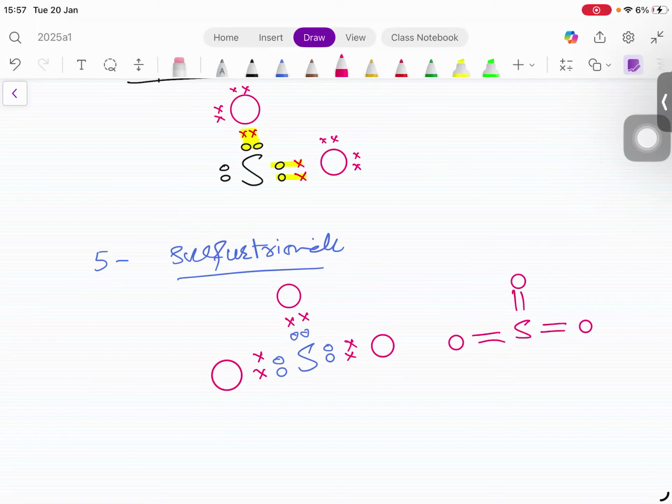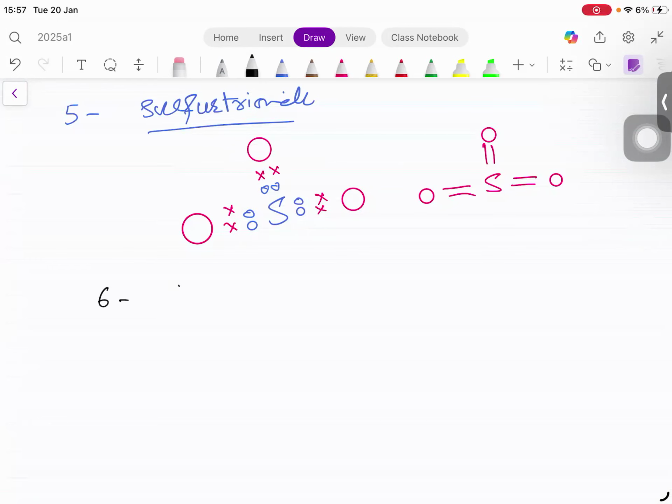Now, having said that, number 6 is PF5. You can do it yourself. I'm just leaving it here right now. The next one, XeF4. Look at this, kids. This is xenon tetrafluoride. You know xenon is in group what? Group 8.